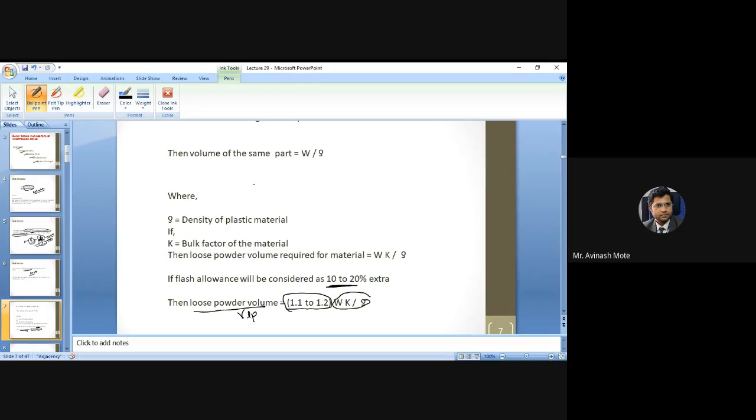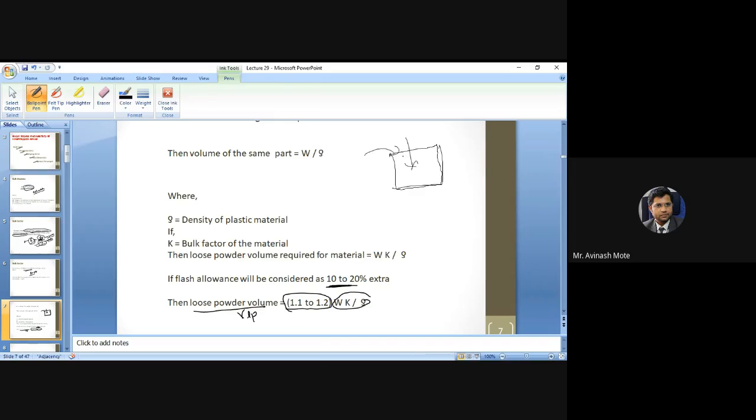Then we have seen the formulation for the bulk factor. Apart from the basic raw material, we require some extra material. If the mold size is the size of the component we are going to manufacture, we would have the volume of raw material of this size only at the start. But while compressing it is going to compress down, so we require more volume.